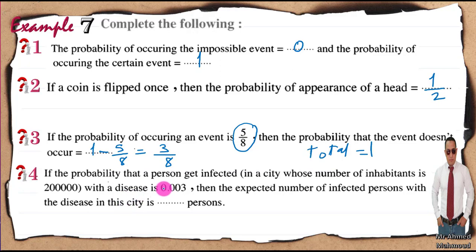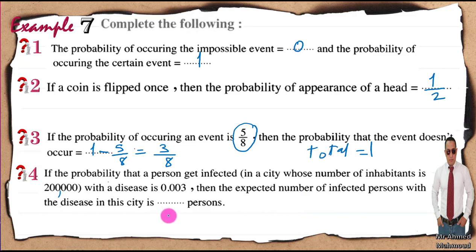The probability of a person getting infected with a disease in a city whose number of inhabitants is 200,000 is 0.003. Then the expected number of infected persons in this city equals?